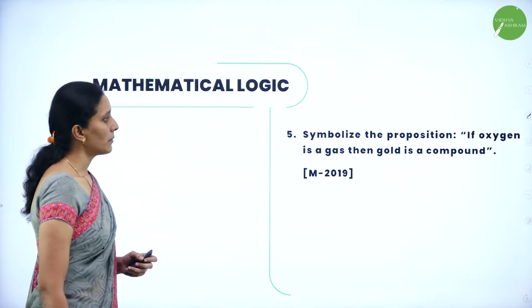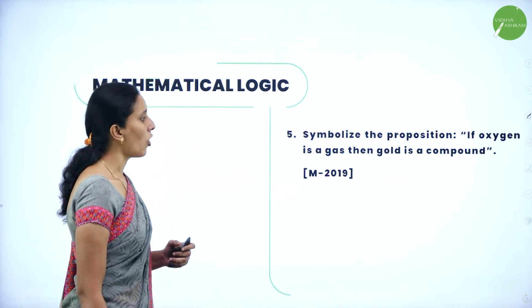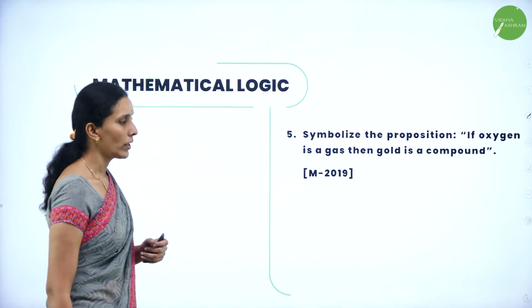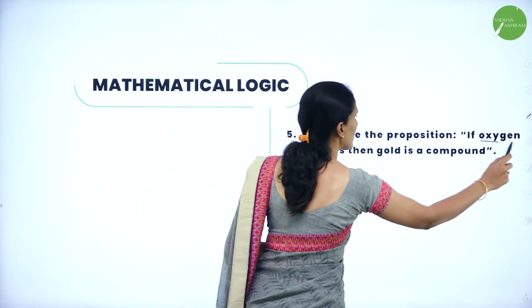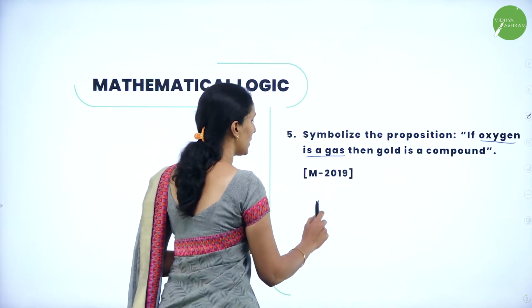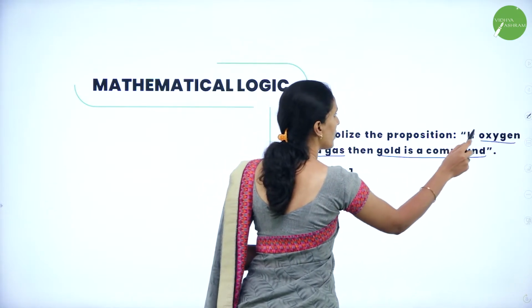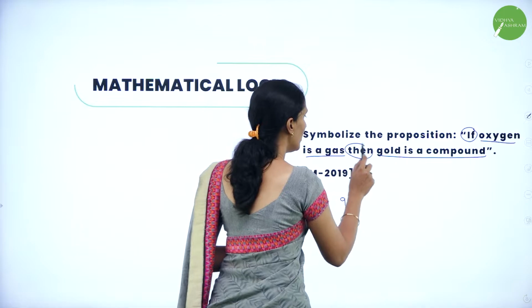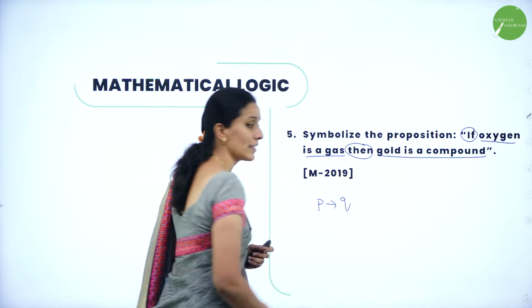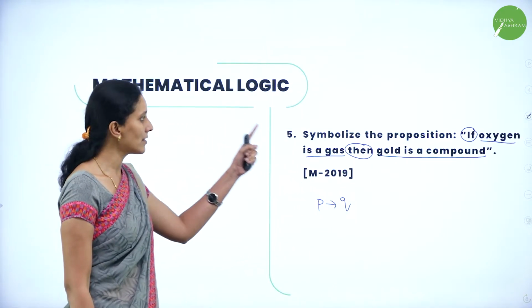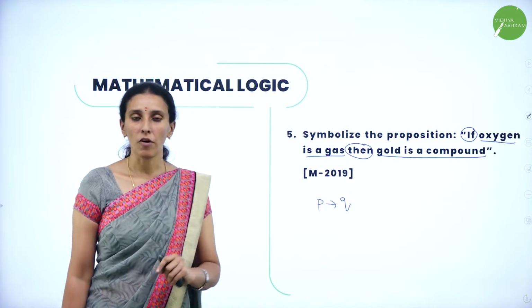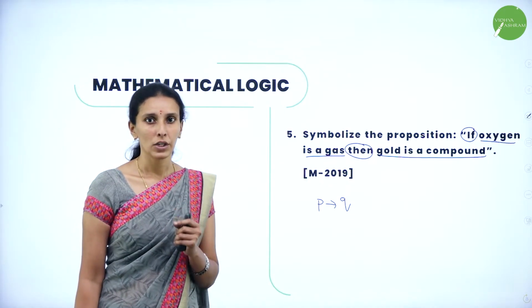Next, symbolize the proposition if oxygen is a gas, then gold is a compound. Take oxygen is a gas as P and gold is a compound as Q. Since we are using the if then condition here, it is an implies statement. So therefore we symbolize the given proposition in the form of P implies Q.